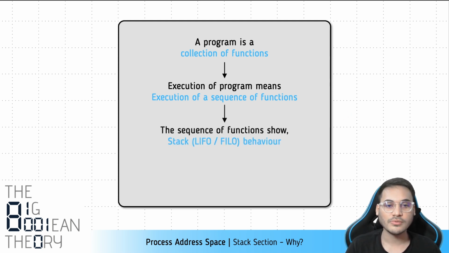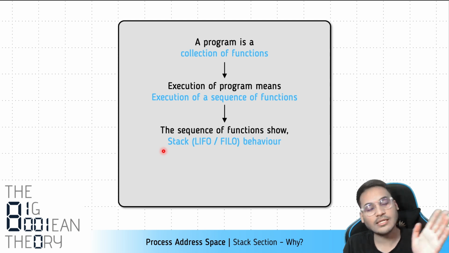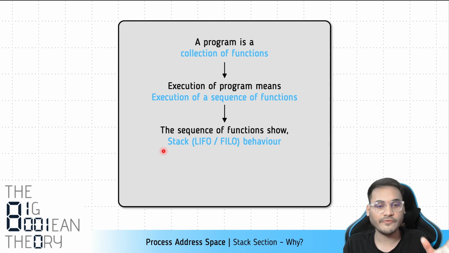Finally, we also observe that this sequence of functions shows stack behavior. That is, if you consider the chain of function calls, then the function which is called last in the sequence will always return first, and vice versa. The first function which is called, let's say the main function, always returns last. Although it is the first function to be called, when it comes to returning, it will always be the last function to return.